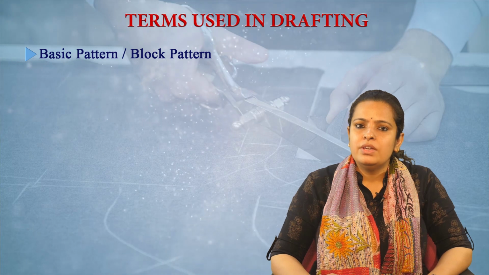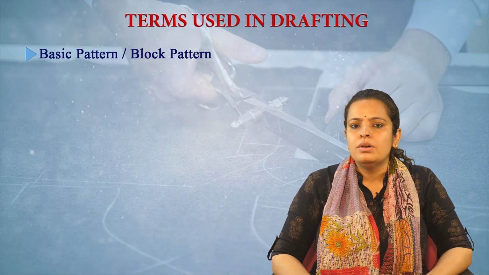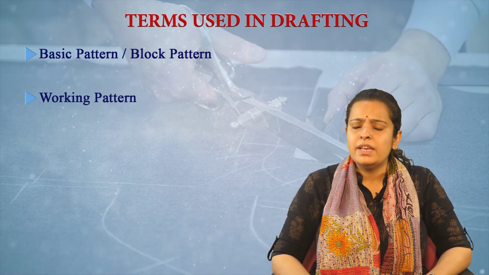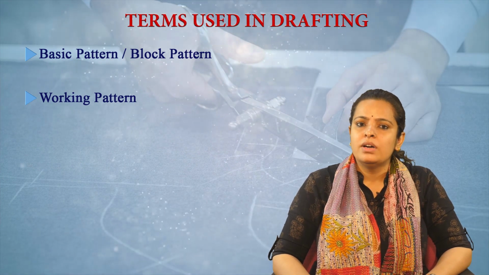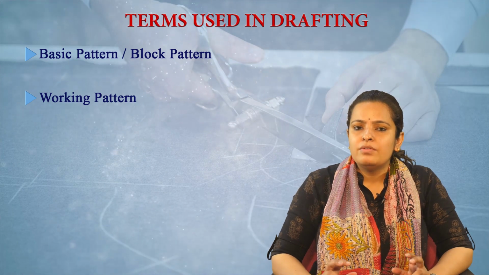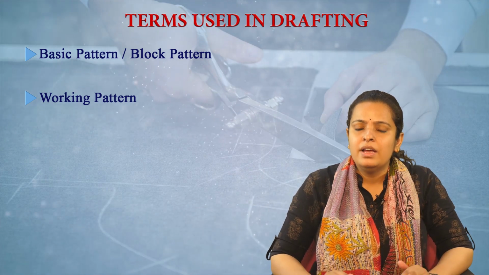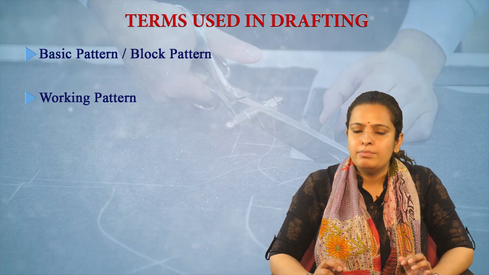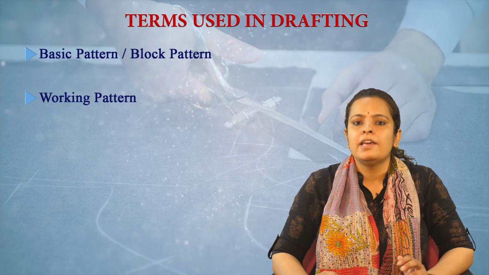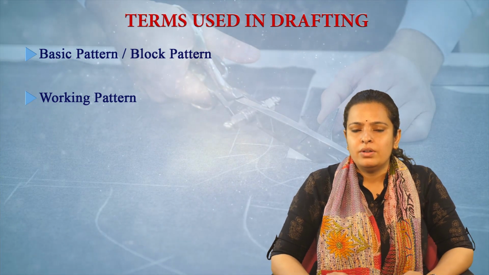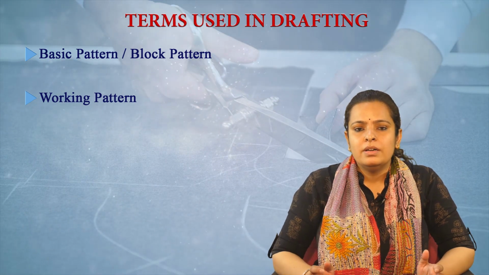So the first term we generally use is the basic pattern, or the block pattern, and then we use the term working pattern. Working pattern is also used in pattern making. It is the pattern on which, after transferring the body measurement onto the pattern paper, we adjust or apply creativity, like including the ease, any technical measurements, or the design we want.